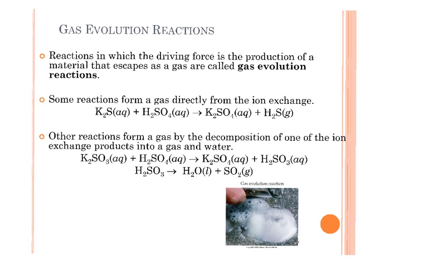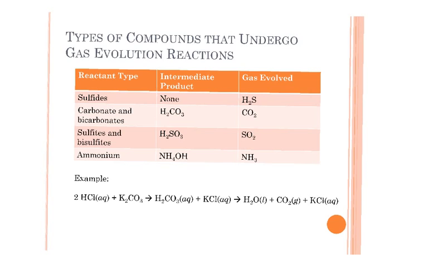So we've talked about acid-base neutralization reactions, and sometimes we have compounds that undergo gas evolution reactions. Like when we have sulfides reacting, the H2S is always evolved and it's a gas.